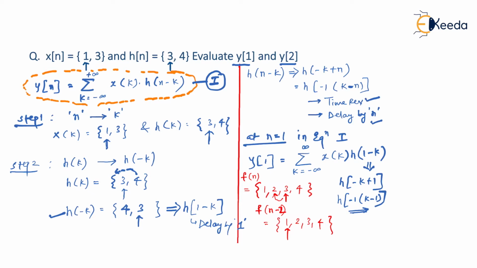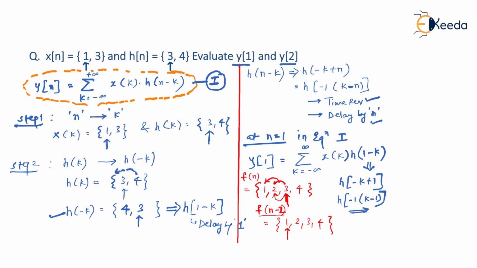As you could see, the original arrow was at 3. So whenever I want to delay the signal by 2, shift the arrow towards the left 2 times. Of course, for advancing the signal, we have to shift the n equal to 0 position to the right. And by how much depends upon how much delay or how much advance you want.